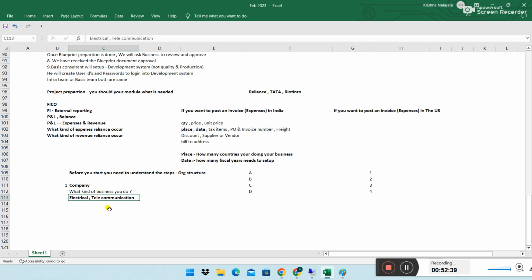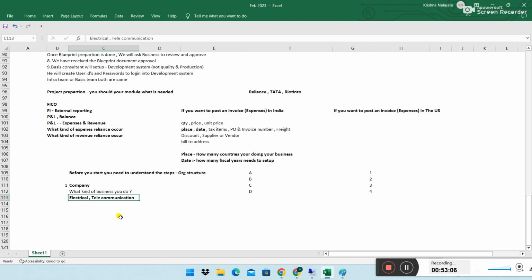Reliance is in electrical, electronics and telecommunication. Now, we can ask Reliance, hey, you want the external reports based on your business line? You want to see a separate P&L account and balance sheet electrical-wise and telecommunications-wise? We can ask that, right?